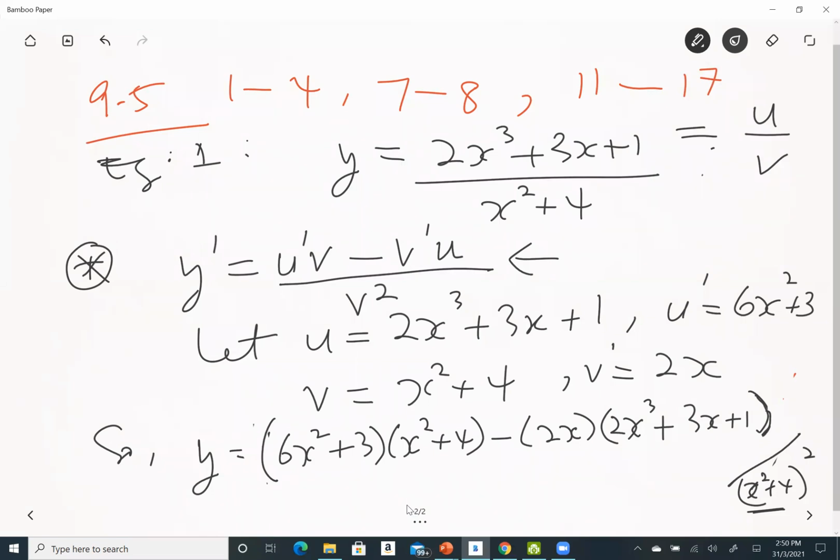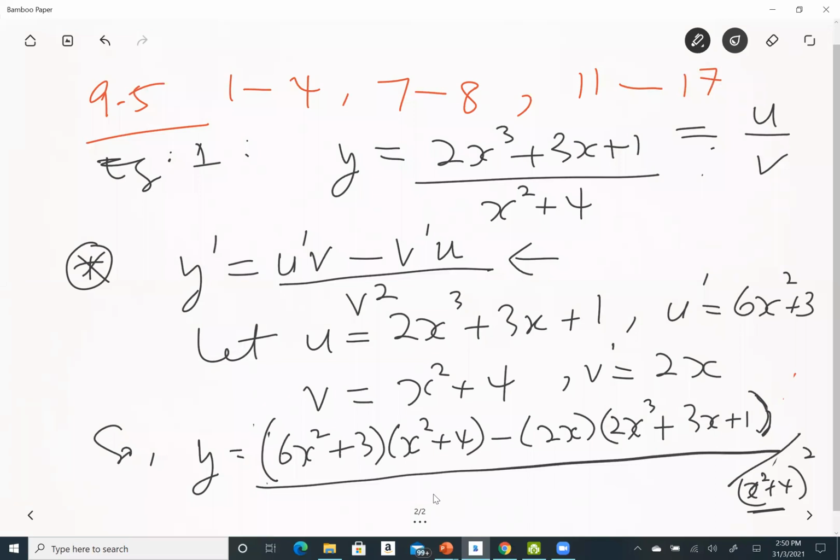How is this wrong? If I don't put the big bracket, what does it mean? If you look at the terms here, only the last term is divided. The second term is divided by the denominator, not the first term. So if you want to do that without the big bracket, you have to draw the big line.